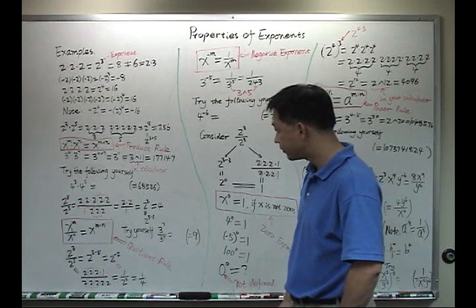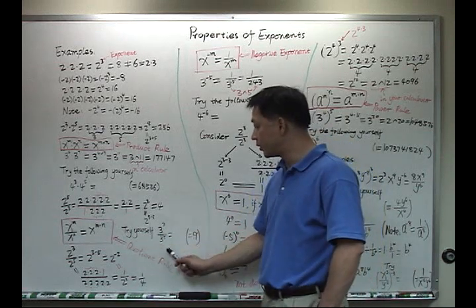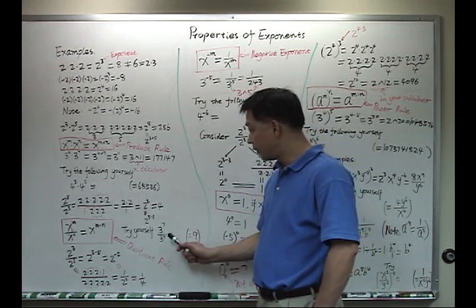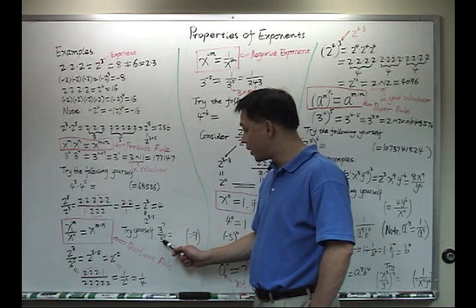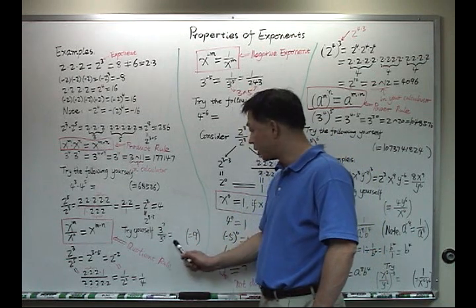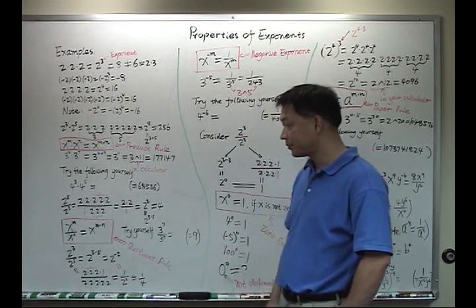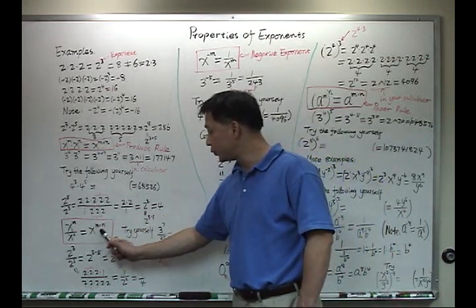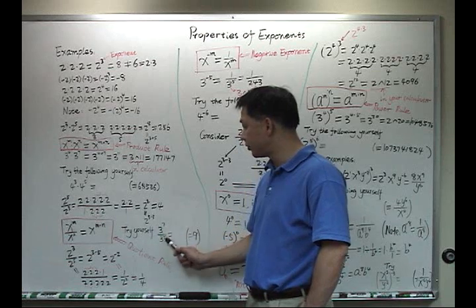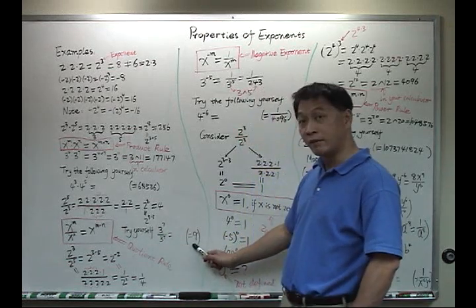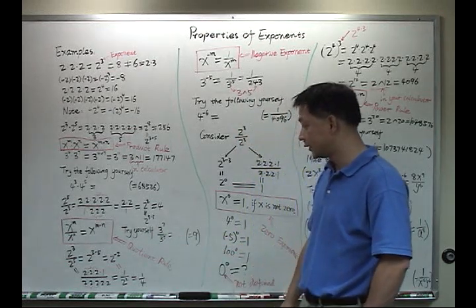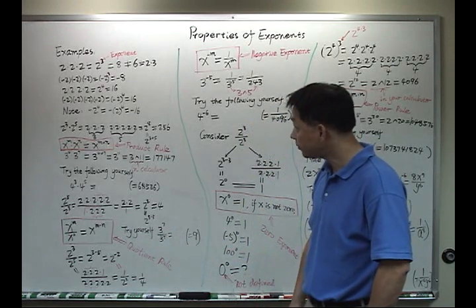Now you may try this one yourself: 3 to the 7th over 3 to the 5th equals what? Based on this rule, it should be which number minus which. Put it here. You should have the final answer 9.